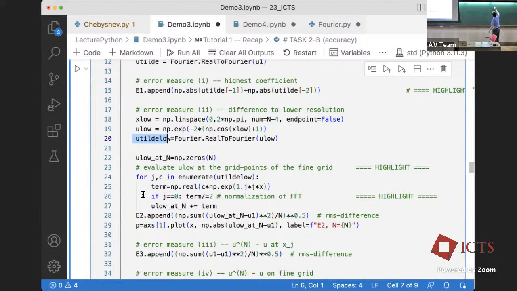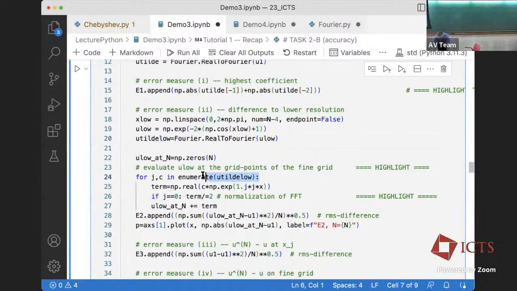We know that u_n of x is the sum of some c tilde e to the I k x. K goes from 0 to whatever the maximum value is. And if we want this at some unusual point, not at the grid points, well, the only thing we can do is actually sum up the stuff here on the right-hand side. And that's what this loop over the coefficients is doing for us.